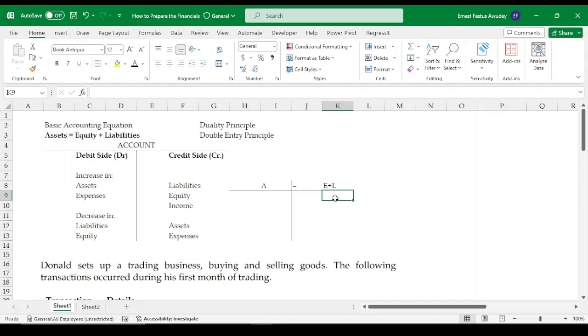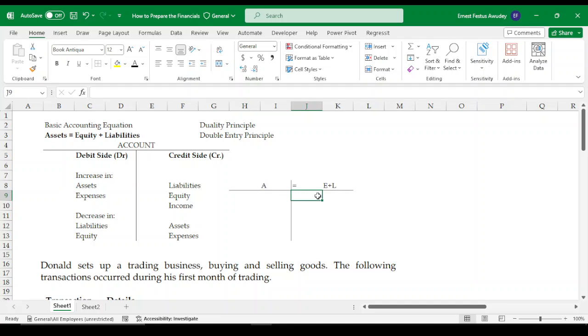All right. So when you have a transaction and that transaction is an asset transaction, there is an asset element in that transaction, and that asset is increasing the value. All right. We are talking about the value. The value of that asset is increasing. We are going to put it at the left side of the T account, which is the debit side.